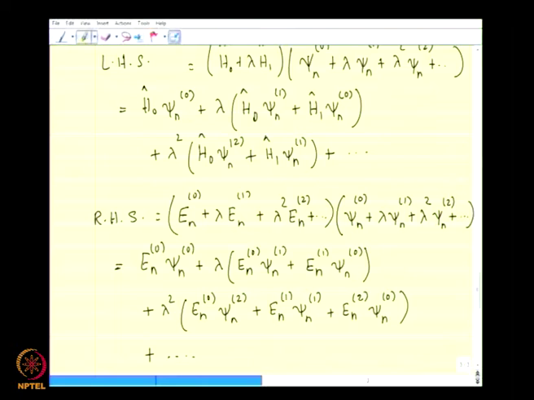Therefore the perturbation theory now gives us a handle to organize terms into groups, so that you can see the term H0 psi n0, which is independent of lambda, is equal to En0 times psi n0, which is independent of lambda on the right hand side, and this is of course what we started with. This is the equation for the eigenvalues of the perturbation free 0 order Hamiltonian.